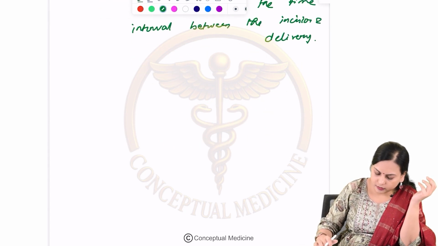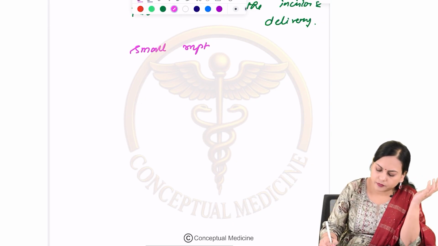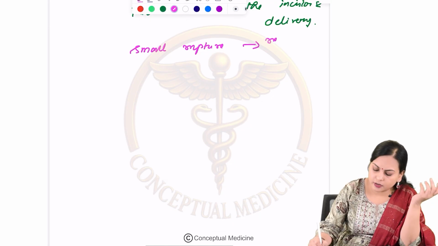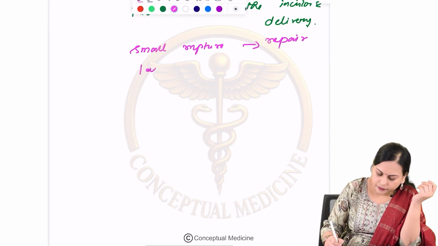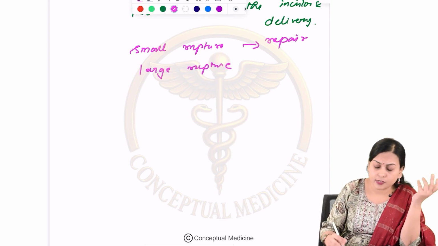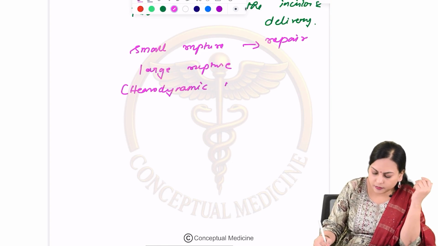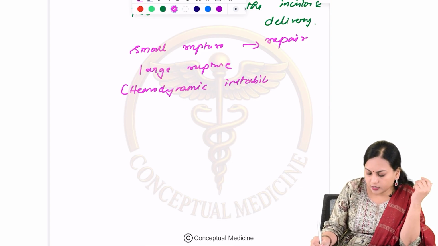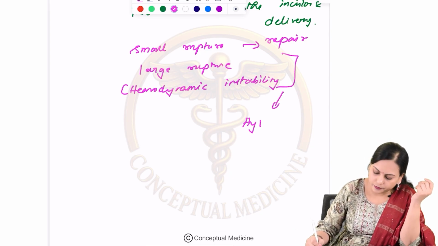And then, if it is a small rupture, you can go for repair of the defect. Okay. Suppose it is a large rupture significant enough to cause hemodynamic instability, then you have to prefer doing hysterectomy.